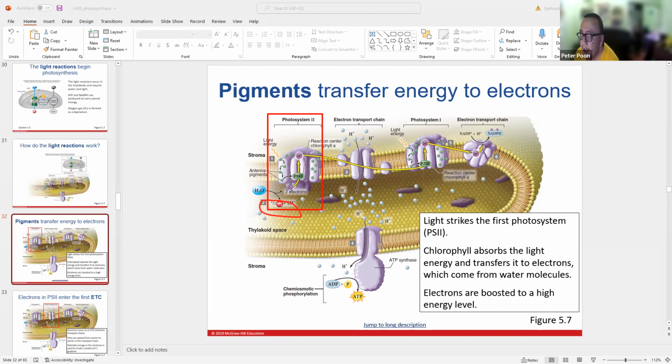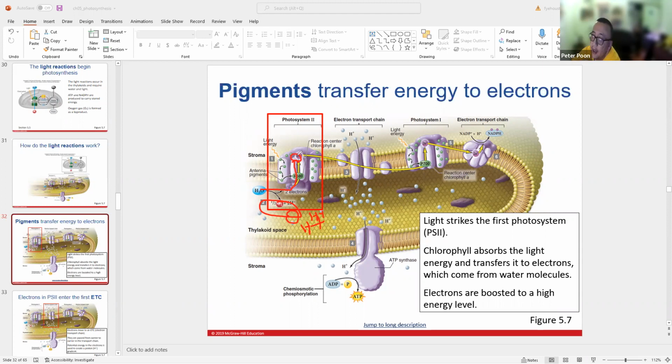They split water, they shoot two electrons up, and what's left is oxygen. They also split out two H pluses here, so a bunch of H pluses. These two electrons are now really high energy electrons.